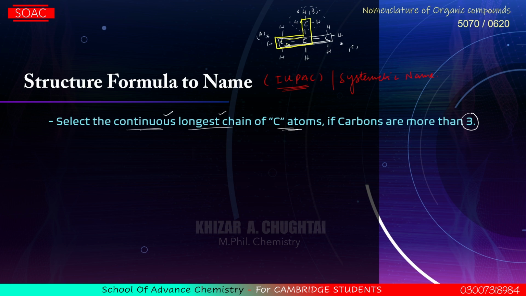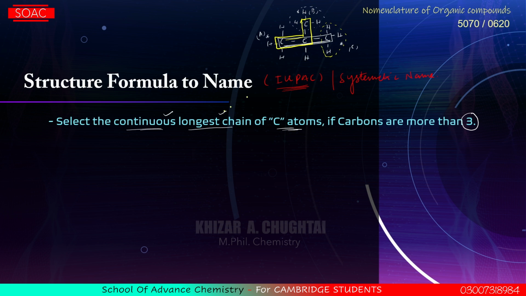So the continuous chain has 3 carbon atoms when you are moving from A to B or from A to C. In both cases, the longest chain has 3 carbon atoms. And every time one carbon is included in the longest chain or one carbon is out of the chain.